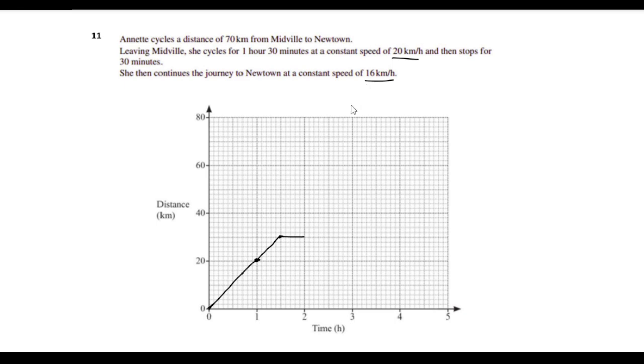per hour. So 16 kilometers per hour is going to be the slope. 16 kilometers per hour means for a 1 hour gap, there will be a gap of 16 kilometers on the vertical axis. So from 30 plus 16, it's 46. Now 46 will be here, 50.